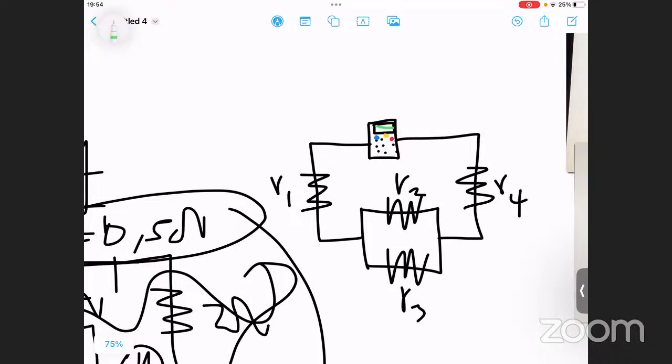Everything that happens inside this box, that's where the R internal is coming from.